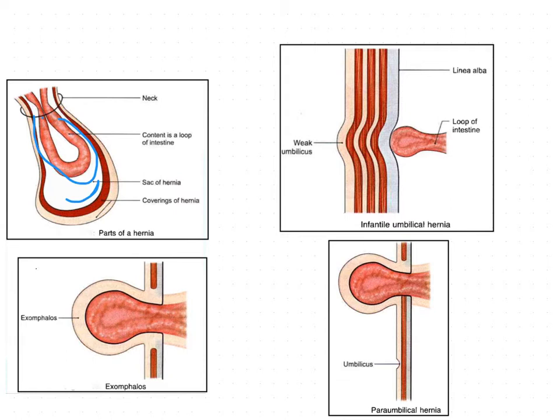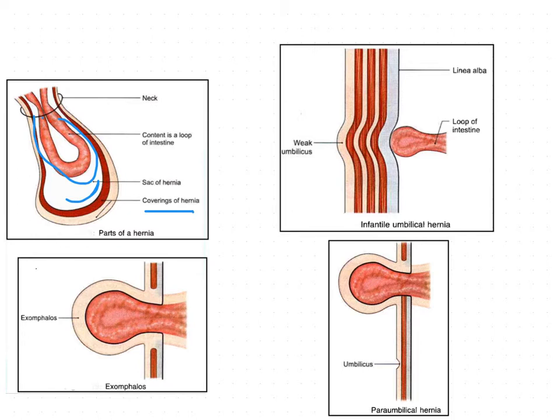So commonly we can see the intestinal part, and the coverings or the layers of the abdominal wall which are covering the hernial sac. So the layers of the abdominal wall form the coverings. Okay, so these are the parts of the hernia.